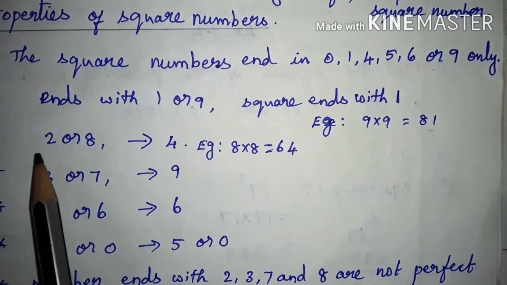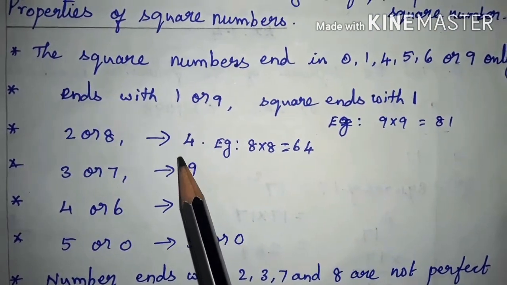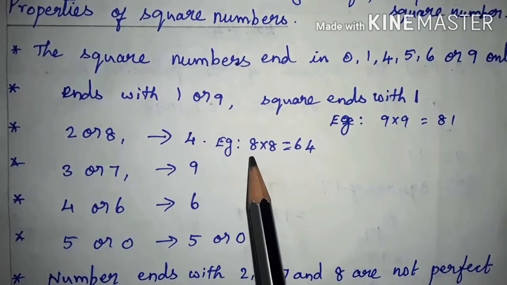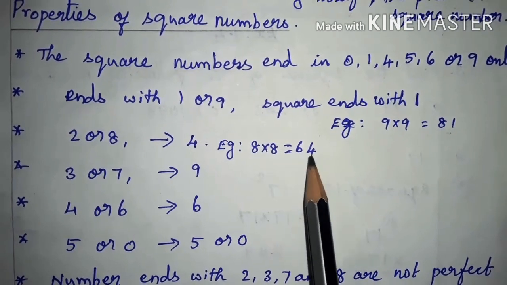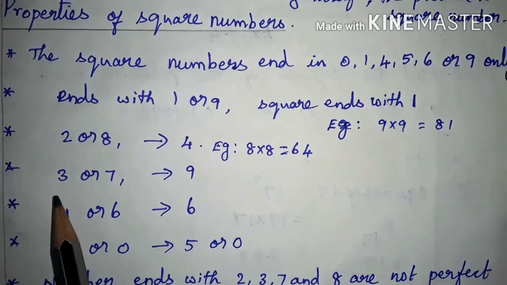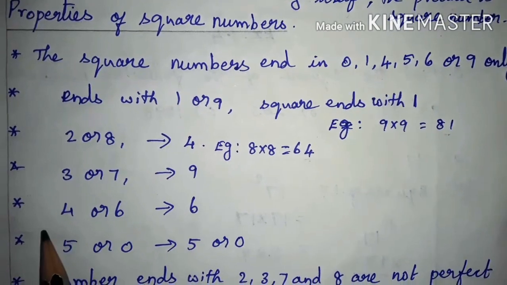In the same way, if the number ends with 2 or 8, the square number will end with 4. For example, if you multiply 8 into 8, we get 64. The number ends with 4. In the same way, if the number ends with 3 or 7, the square number will end with 9.